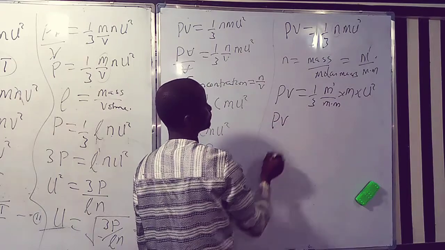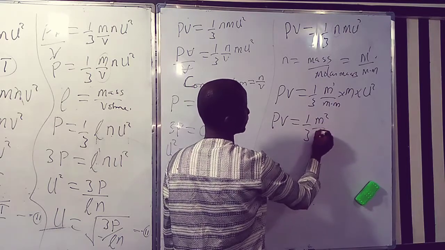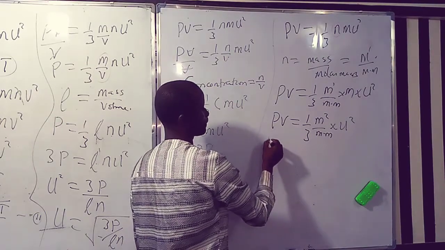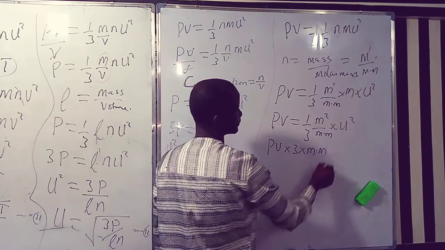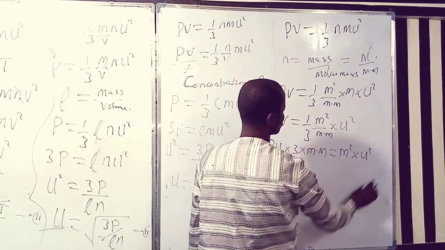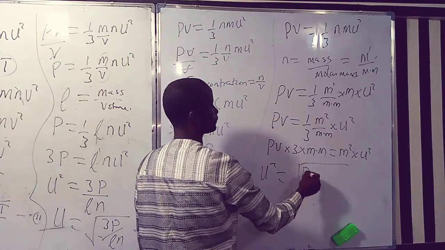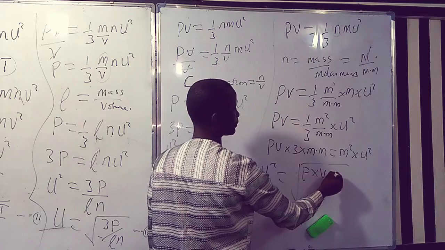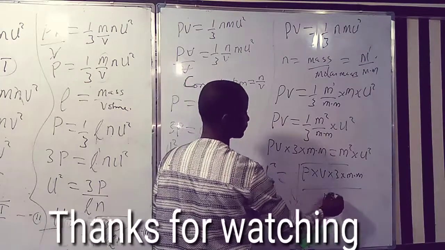Then PV is equal to 1 over 3 m square over MM times u square. That's PV times 3 times molar mass is equal to m square times u square. Therefore, your u now is equal to root PV, pressure times V times 3 times molar mass all over m.